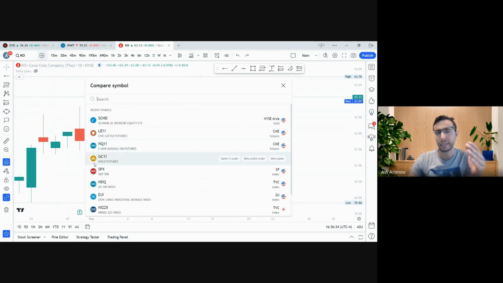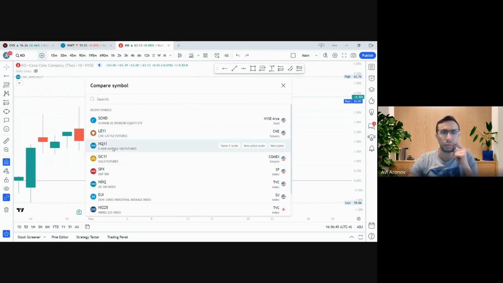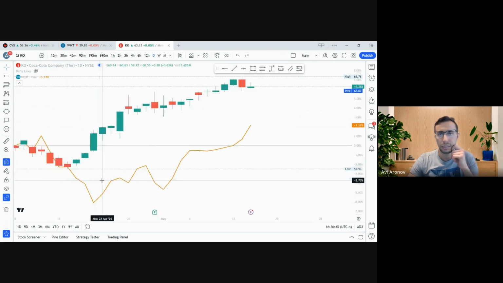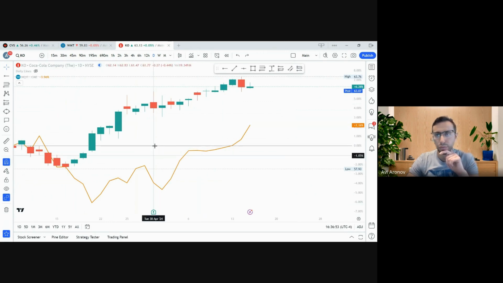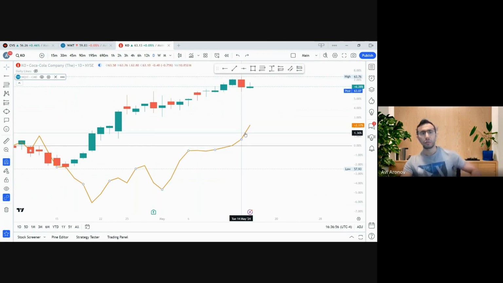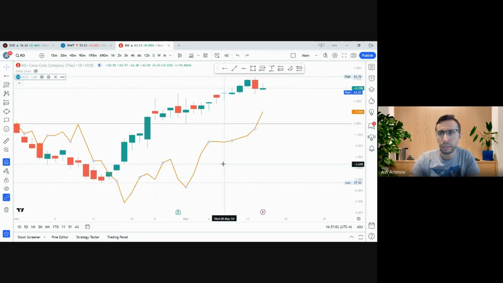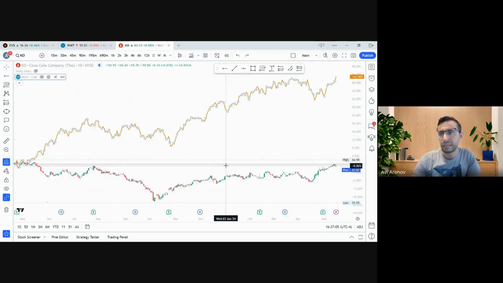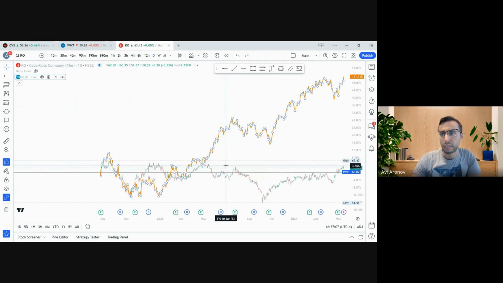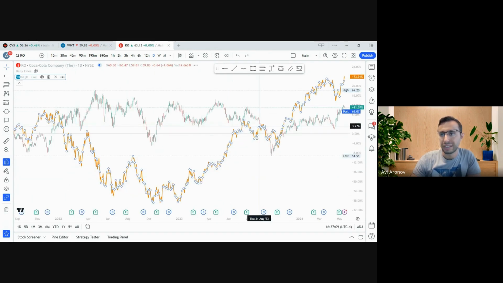Many times, let's say in futures, ES and NQ move very similarly. So you might want to say, hey, I want to check how the ES and NQ move in comparison to each other, and you will be able to see, as you can see right here, it's added, and that orange line will be there, which in theory is nothing alike, because the NQ is priced much higher compared to this one.